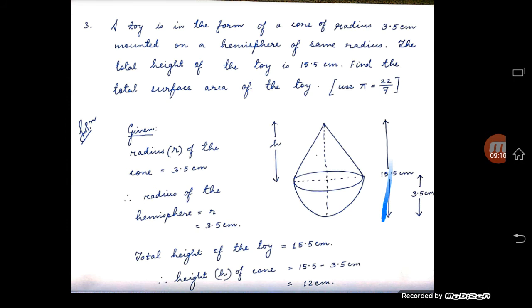If we subtract 3.5, which is the radius of this hemisphere, from 15.5 centimeter, we will get the height of this cone. See, height is 15.5 minus 3.5, which is 12 centimeter. So 12 centimeter will be the height of this cone. So we have found the height of the cone.